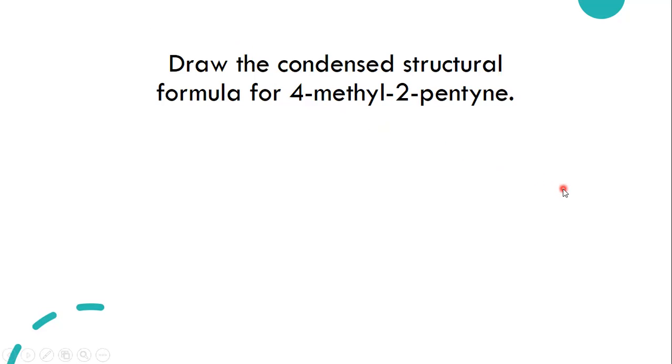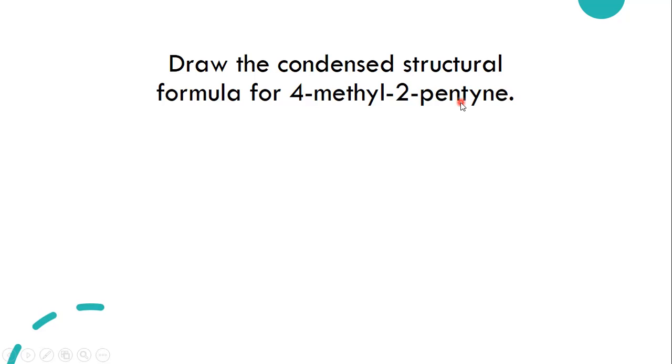So in writing a condensed formula, you can draw it as a straight chain or as the normal condensed structural formula, where we make clear where the branch is. It can also be the super condensed structural formula with open and close parentheses for the branch-off groups. So in here, we have 4-methyl-2-pentyne.